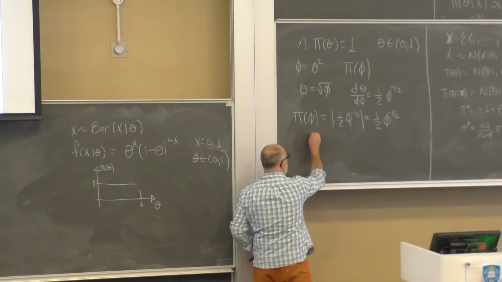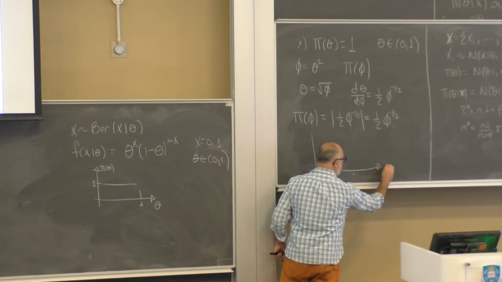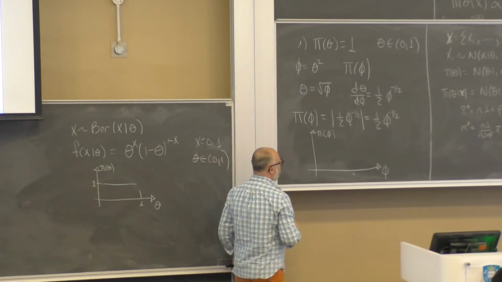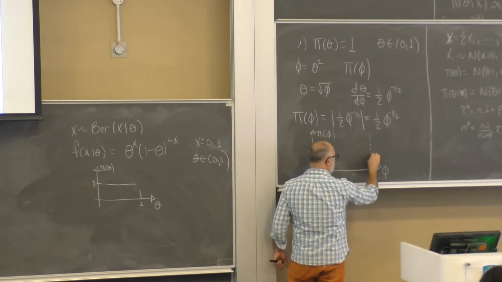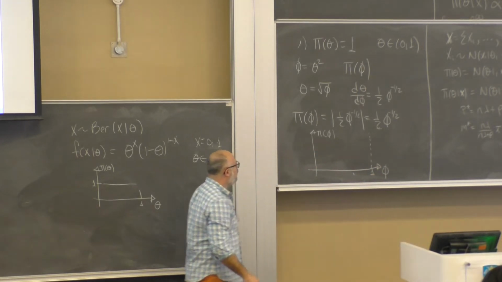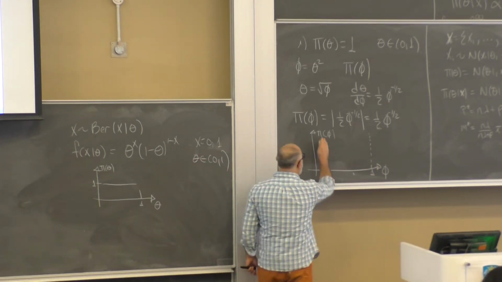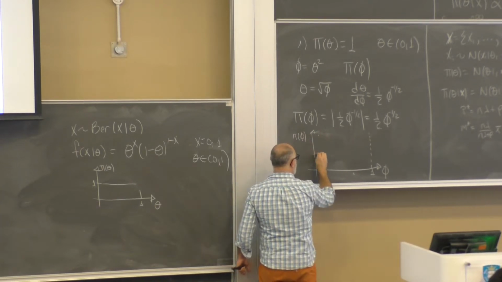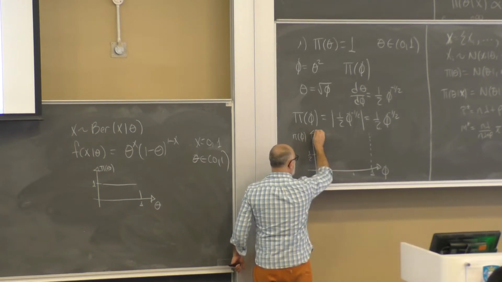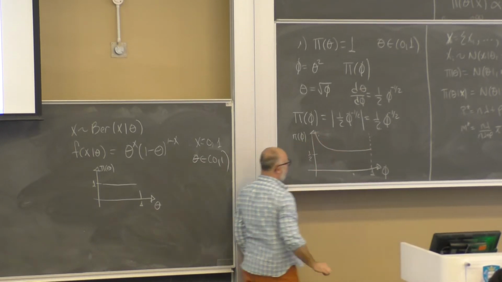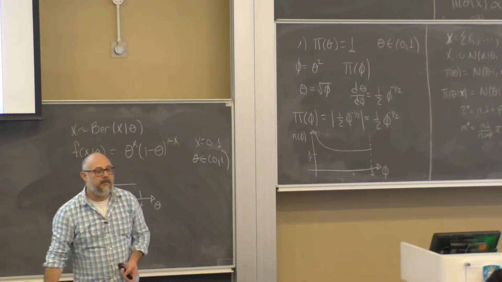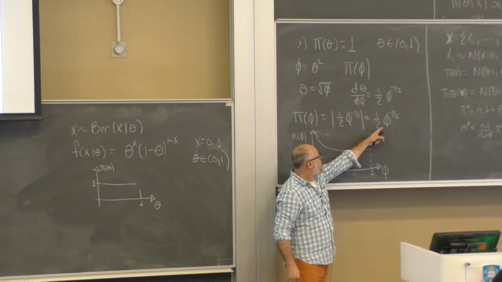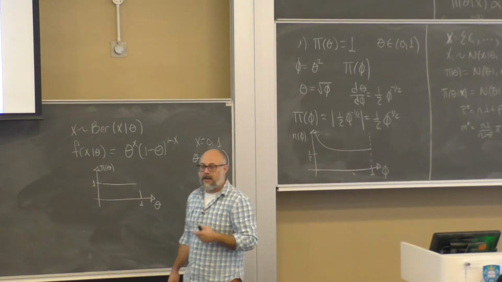If you plot this function here, it looks something like that, right? So when phi is close to 0, this function is very big. When phi is close to 1, this is close to 1/2. Okay?